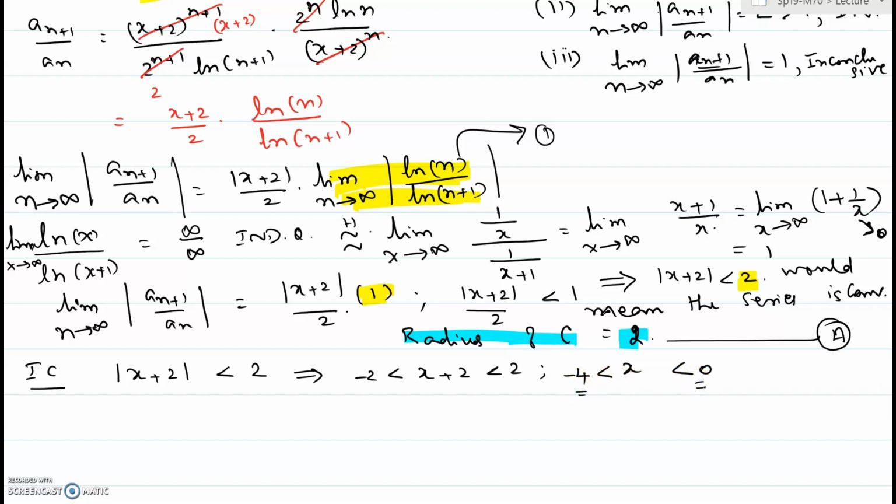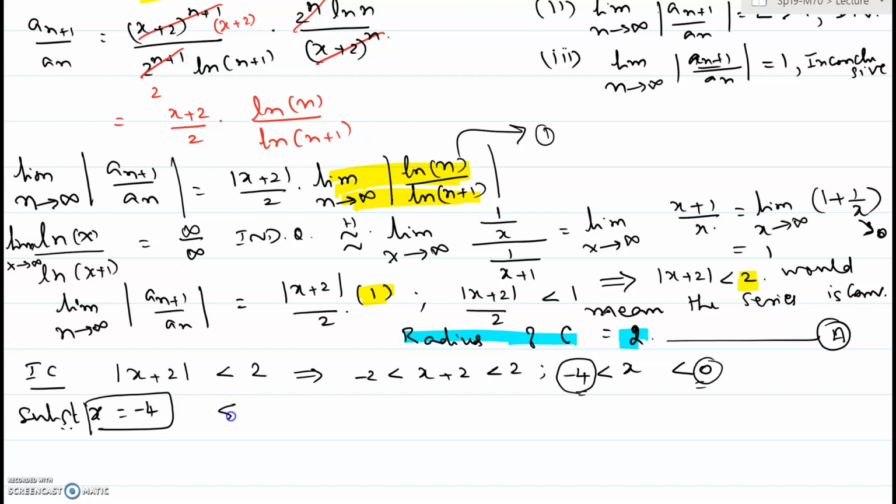Between negative 4 and 0, it definitely converges. What remains is what happens at negative 4 and what happens at 0. So we will substitute x equal to negative 4 into the original series.